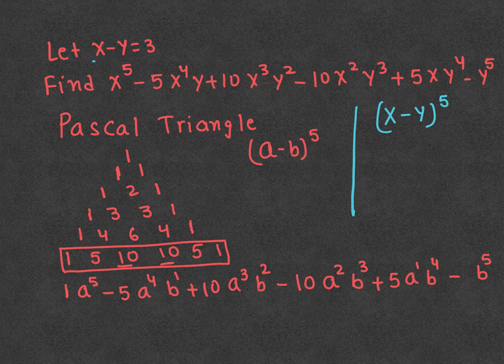Now we are already given x minus y is 3, so it means 3 to the power 5 is 3 times 3 times 3 times 3 times 3, so it is 243. In the previous video I made a mistake and wrote 3 to the power 5 as 81, but thank you to the viewer who corrected me, and it is 243.